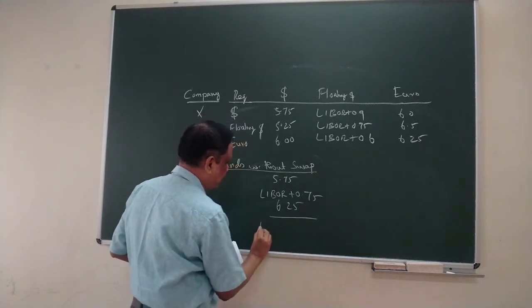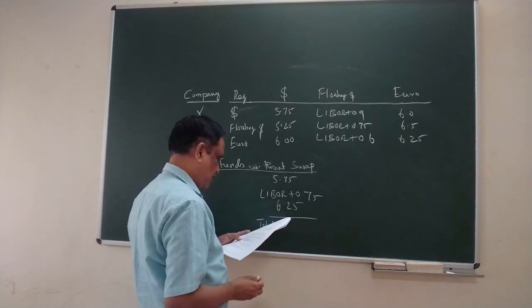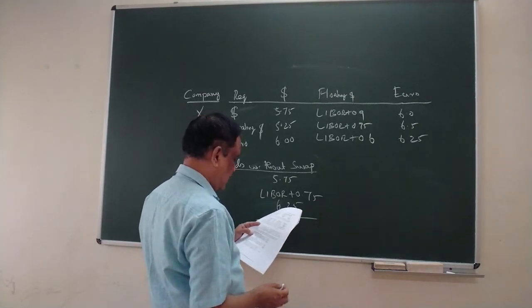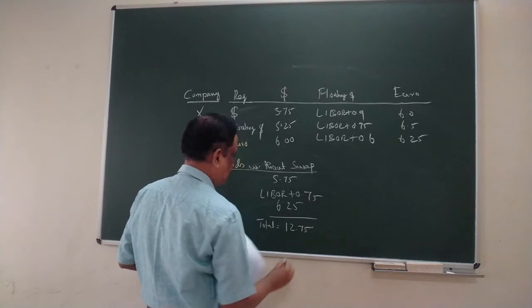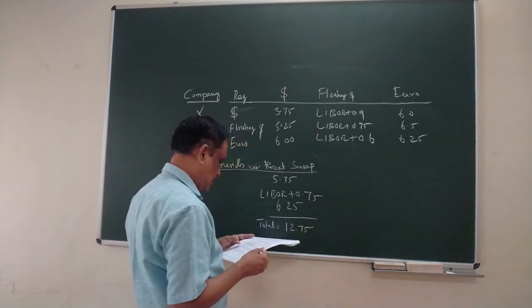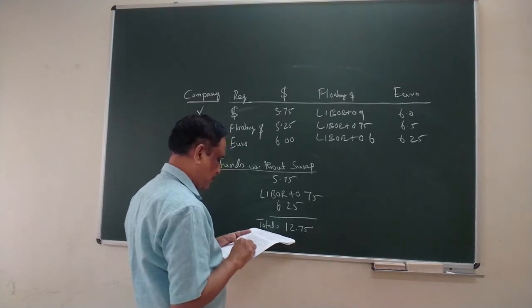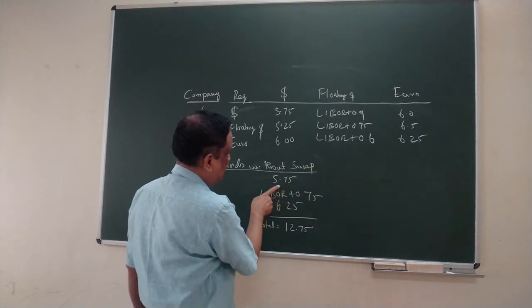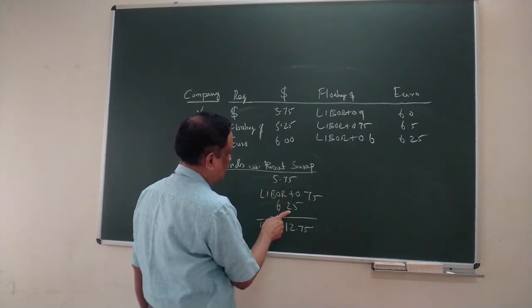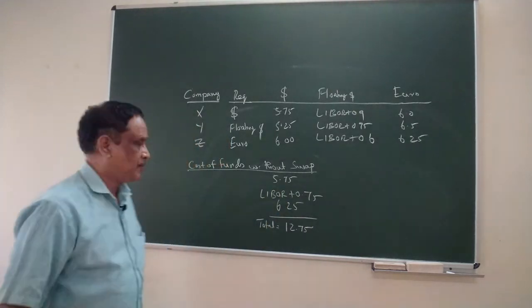So the total would be 12.75%. The total would be 5.75, 6.25, 12.75. Just ignore the LIBOR.